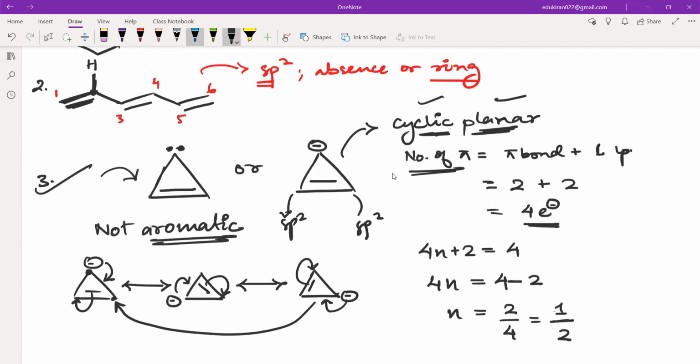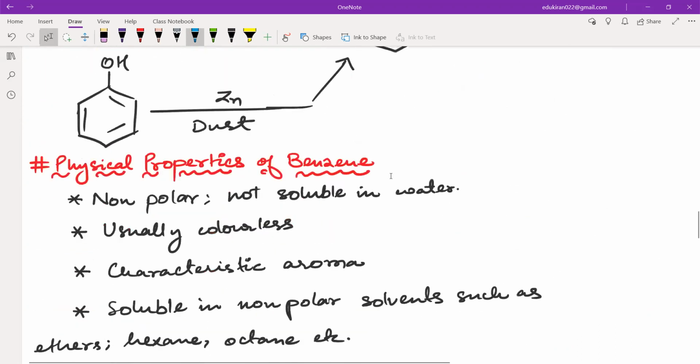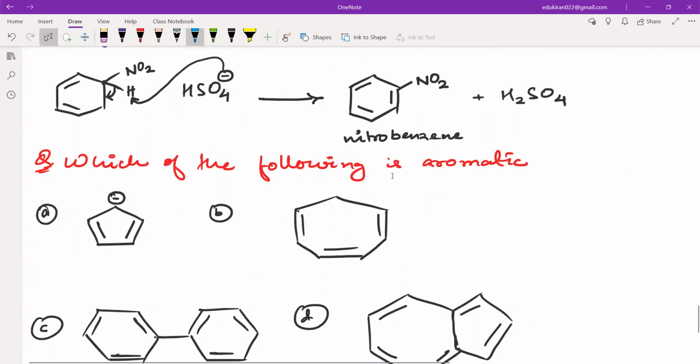Four. How many? 4. Okay. So how many here then? 6. So will it be aromatic or not aromatic?